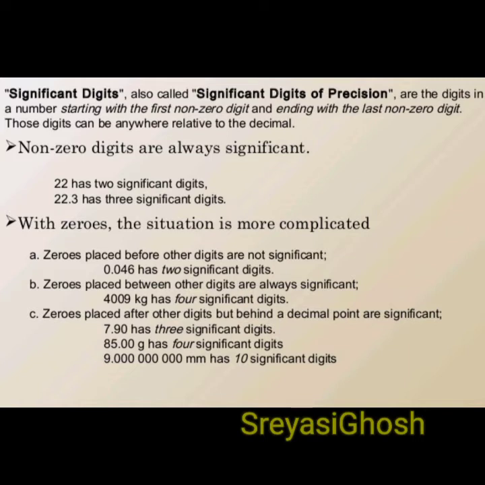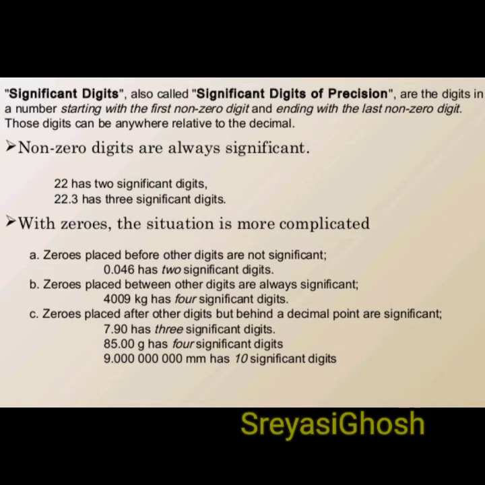So here, look, the example is 0.046. So, 46 are the 2 significant digits present here. Since we are having the leading 0.0, obviously we cannot take 0.046 as 4 significant figures. We'll have just 2 significant figures.